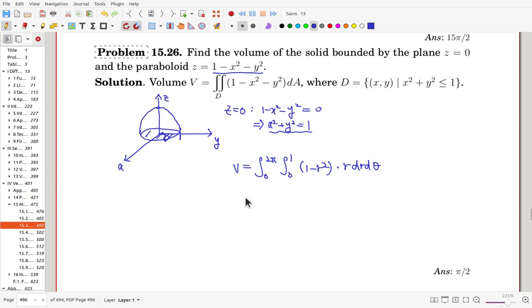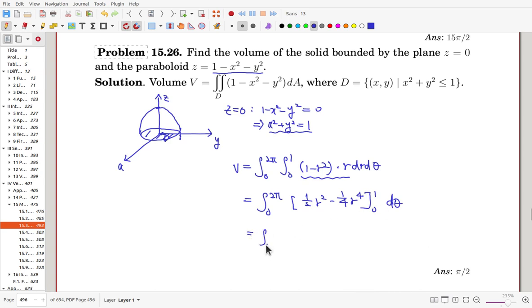From this one, integral from 0 to 2 pi, and that one is r minus r cubed, whose antiderivative is: from r we have half r squared, and from r cubed we have 1/4 r to the 4, with r from 0 to 1, d theta. Okay.